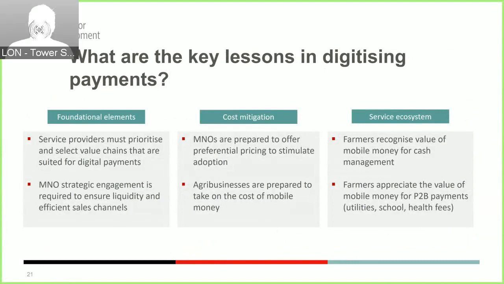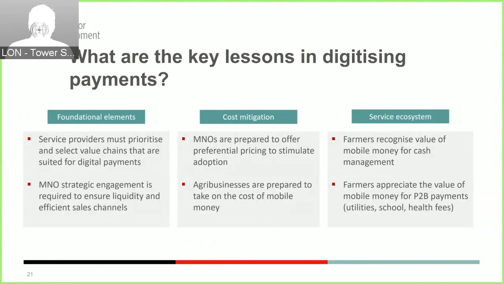Then, as mentioned earlier, what we've seen so far is that when it comes to payments, strategic engagement of the MNO is required to ensure liquidity at the point of cash withdrawal from farmers. And generally functioning and efficient sales channels for mobile money are needed to support mobile money payments. Some of our other learnings in digitizing payments are around the pricing of mobile money to the end user.